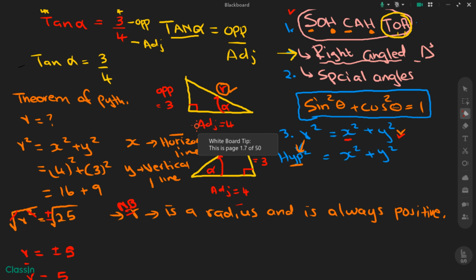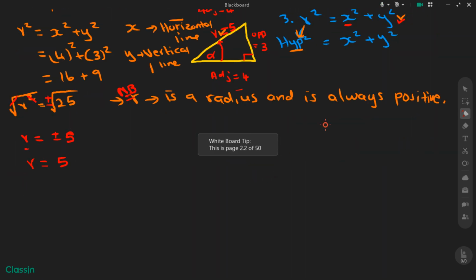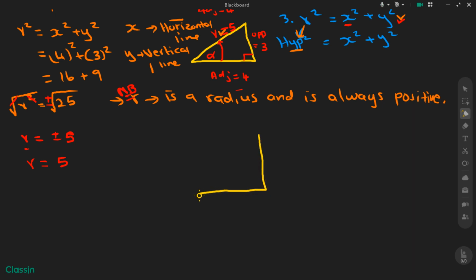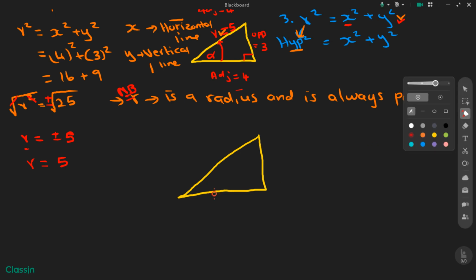So now, if we complete our triangle here, it means that our r is equal to 5. And then our r is also equal to 5. From this complete sketch, we have a sketch that is drawn like this, and this is our alpha, which is our angle.